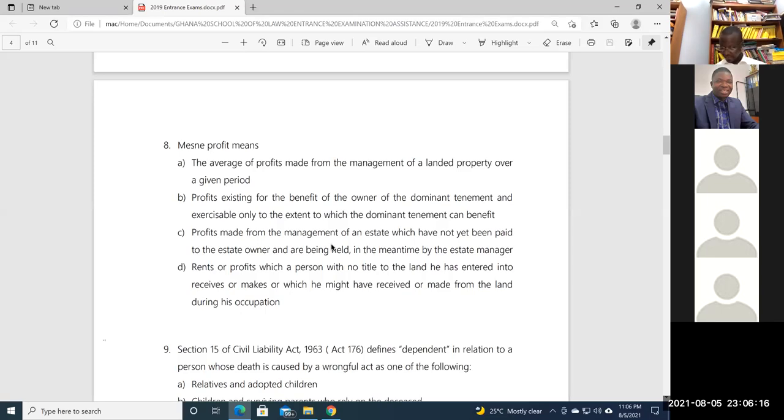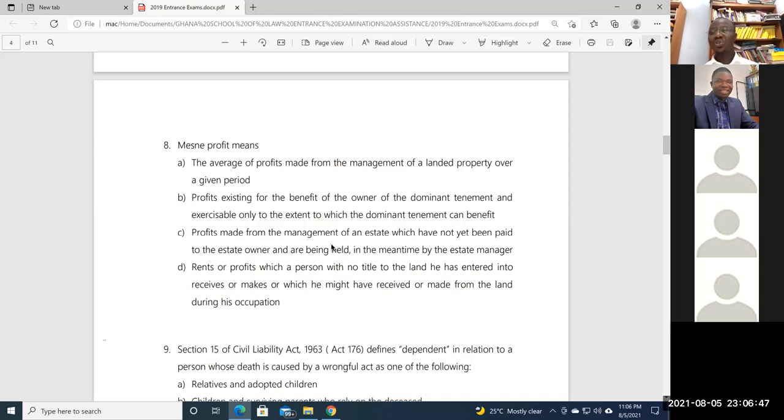Mesne profits is defined as follows, quote: the profits of an estate received by a tenant in wrongful possession between two dates, also termed medium tempus. So the profits of an estate received by a tenant in wrongful possession between two dates. That's what mesne profits are.